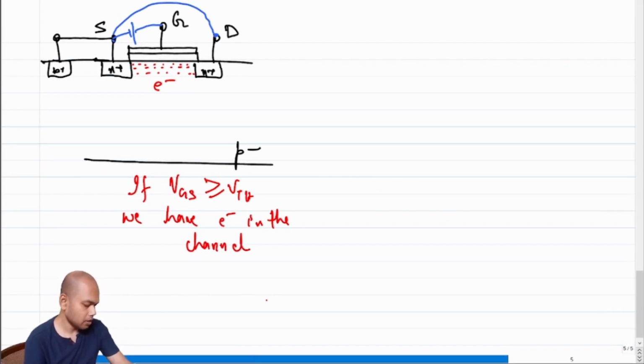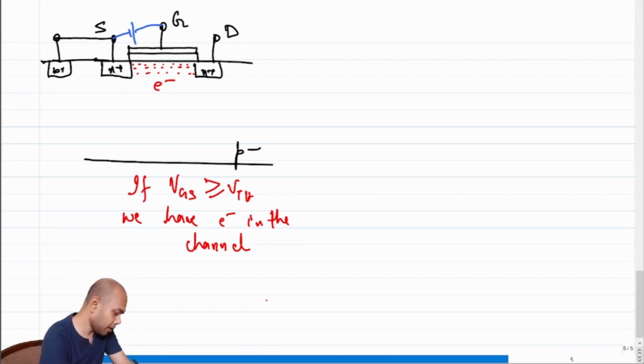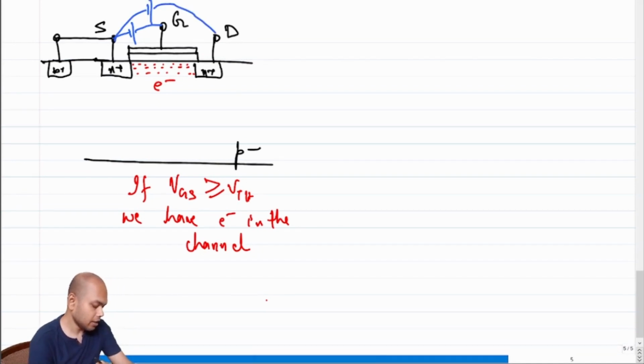Then if we apply a drain to source voltage, the electrons tend to gravitate towards the drain, so they move this way, and we get a current that flows from right to left. So this is I.